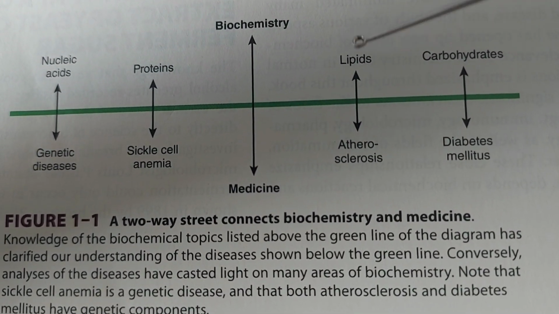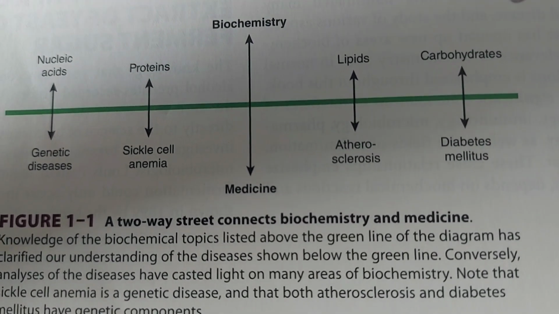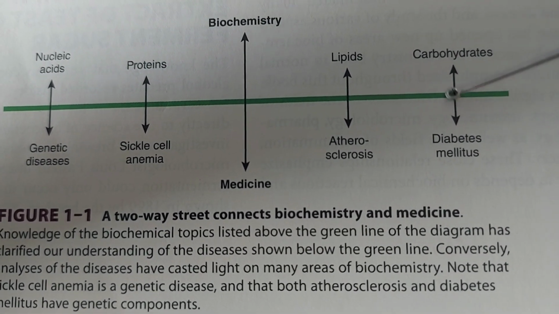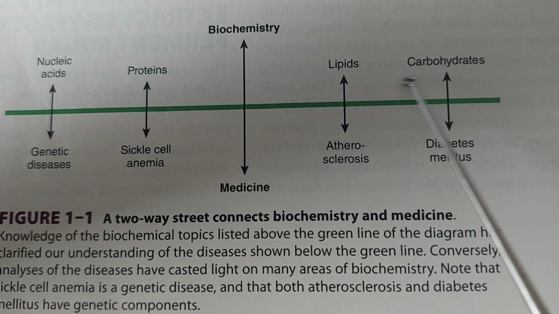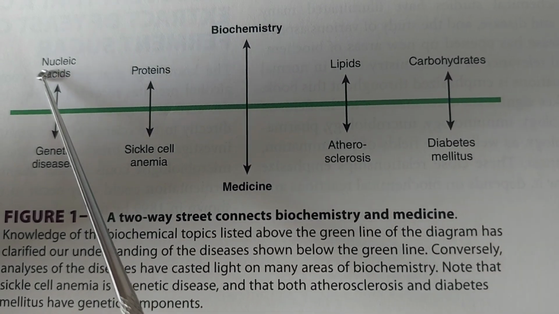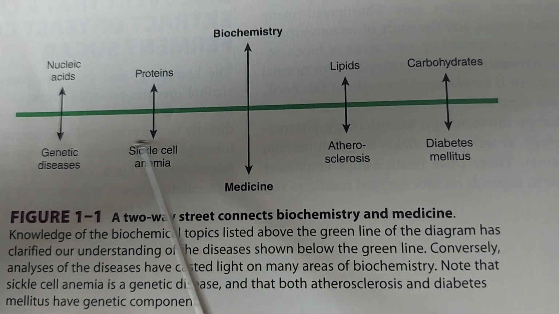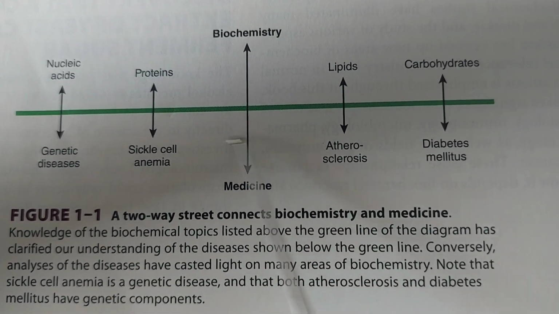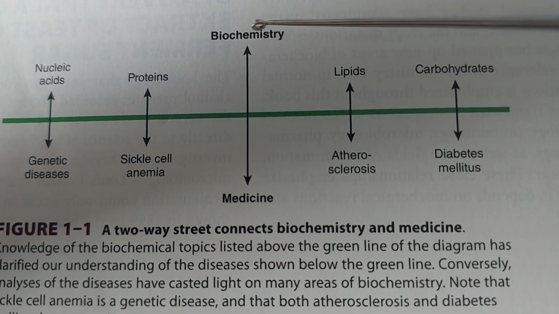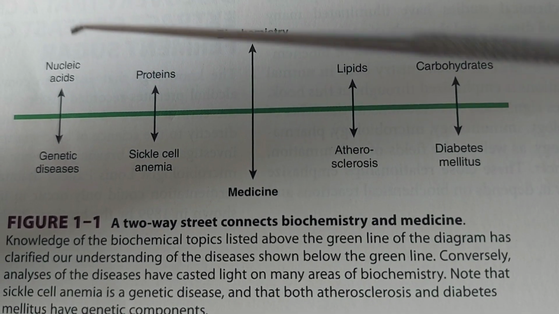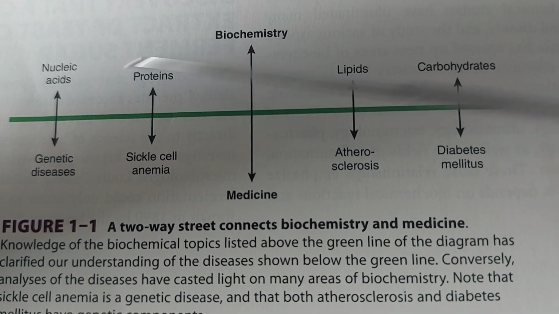And defective lipid metabolism causes atherosclerosis. And for carbohydrate, as previously mentioned, it is diabetes. So these are the biochemical materials: macromolecules, nucleic acid, proteins, lipids, and carbohydrate. These are the clinical problems, the diseases in medicine. So the relation between biochemistry and medicine is very much interrelated with different forms of diseases.